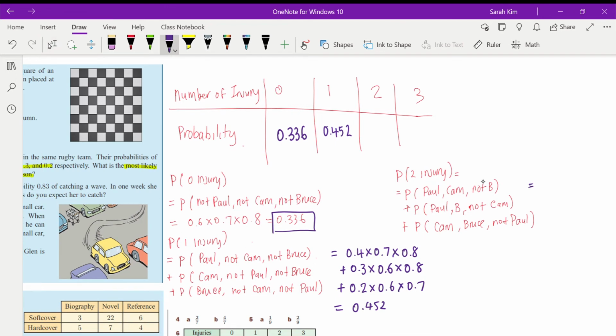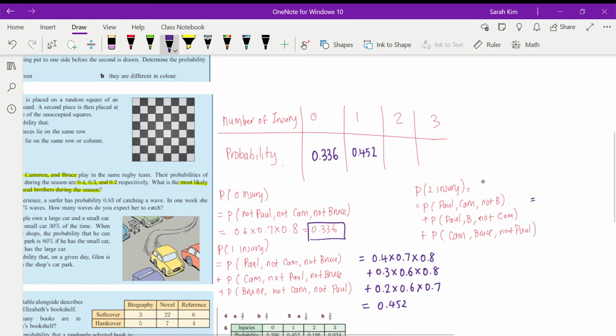So the probability of Paul getting injured, 0.4, and then Cam getting injured, 0.3, and then not Bruce, so I've got to do one take away, 0.2, and then 0.4 times 0.2 times not Cam, so 0.7, plus 0.3 times 0.2 times 0.6.